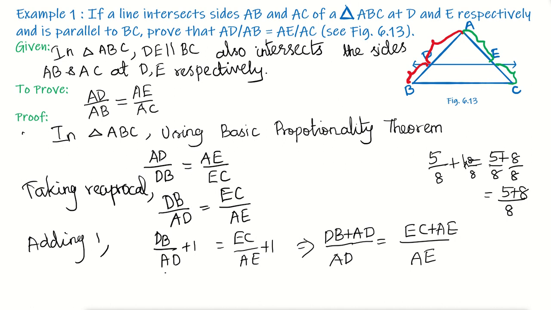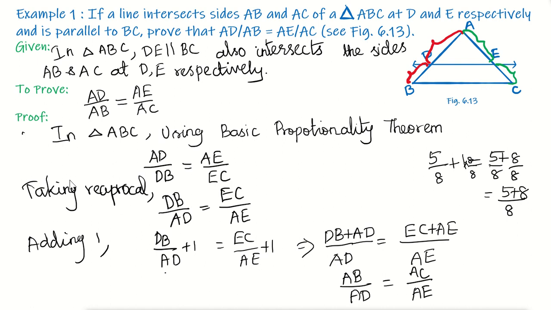Now we can write this as AB by AD is equal to, the denominator remains the same, and the numerator, being the sum of two quantities, we write as a whole segment: EC plus AE, that is AC. Okay, now we have AB by AD, but we need AD by AB, and on the right hand side AC by AE, that is upside down.